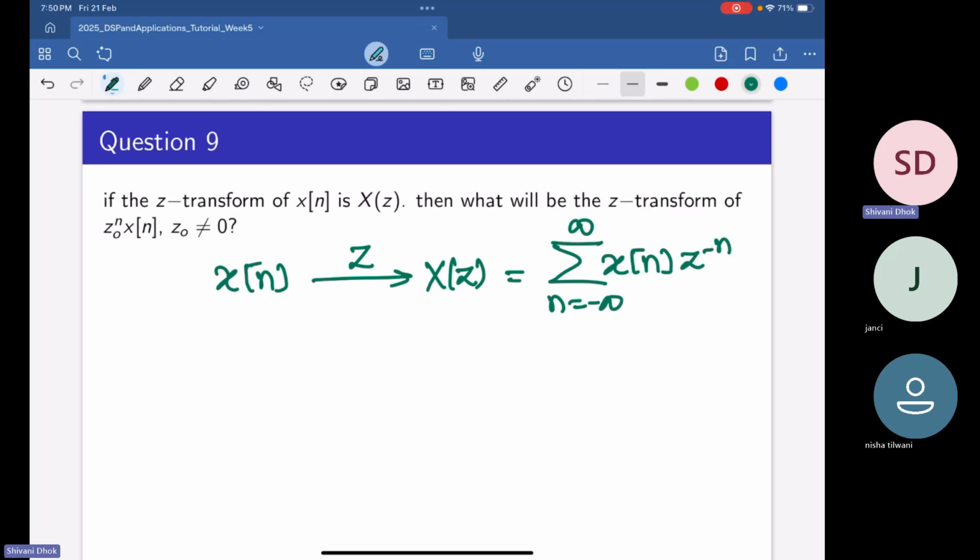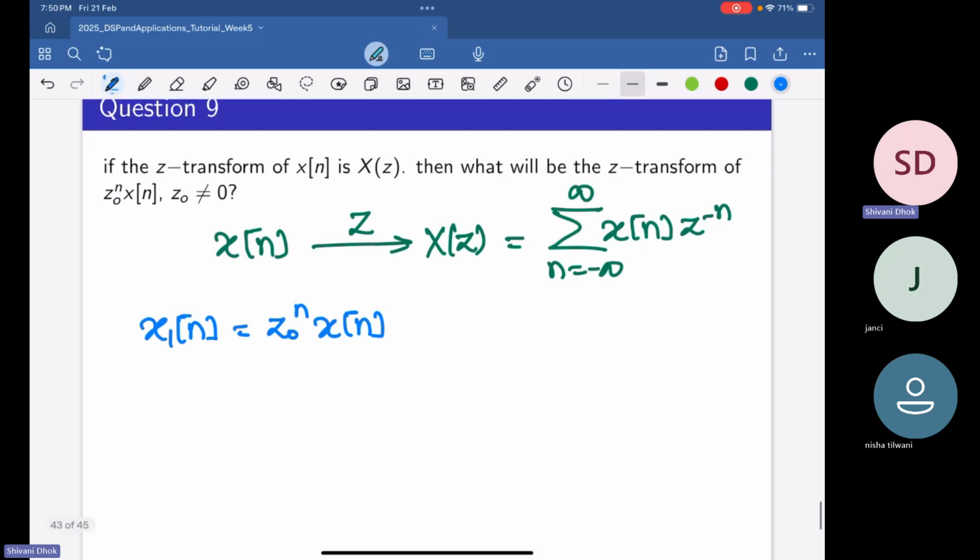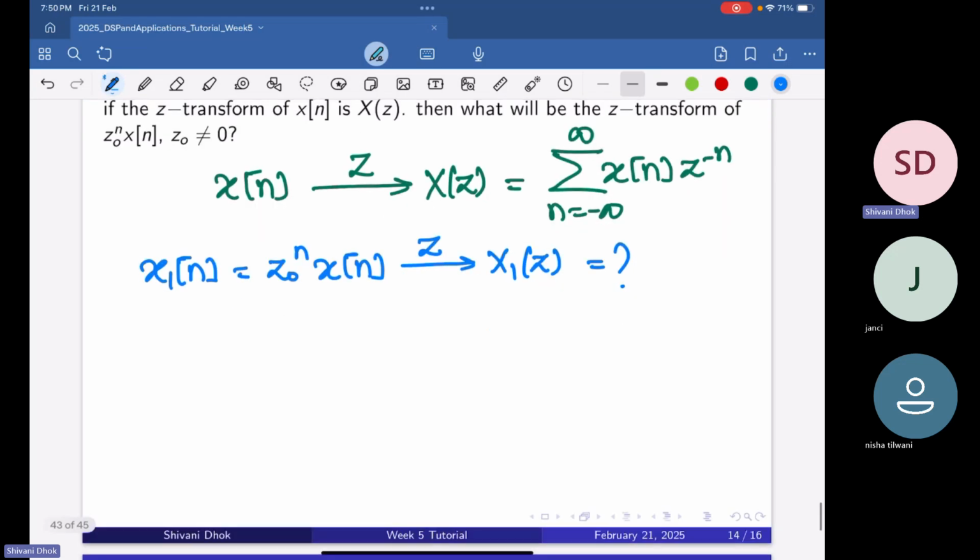Now we are given another signal. We are given x1 of n as z naught to the power n into x of n, and this z naught is not equal to 0, that is given to us. So now we need to figure out what is the z transform x1 of z of this signal. We can't observe and find some property that will help us out, so let's go back to the basic definitions.